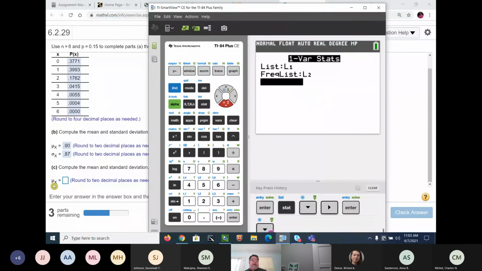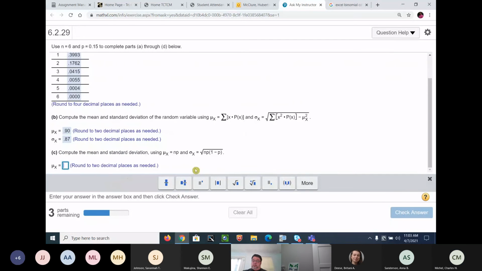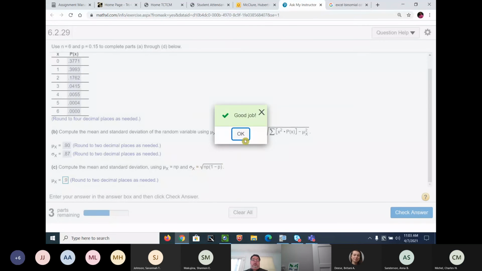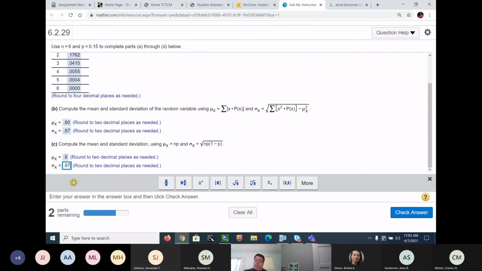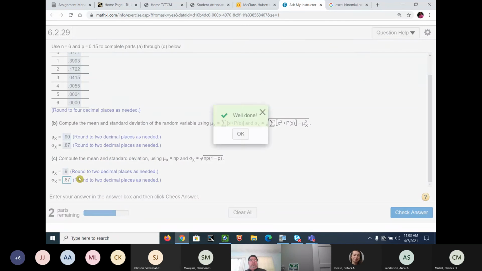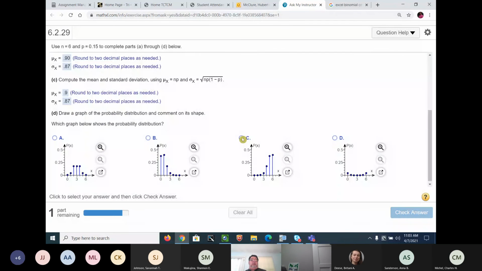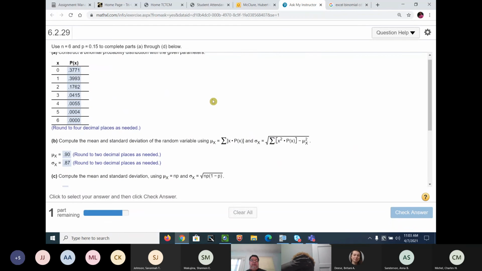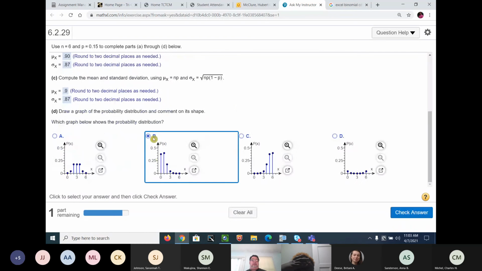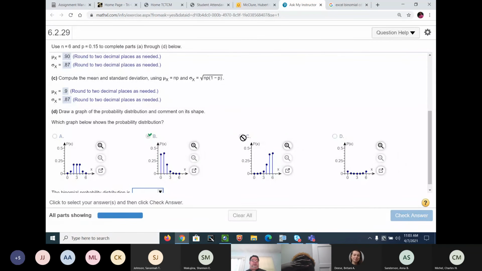All right, so that's going to be 0.9. And it says round to 2 decimal places, 0.87. And what does it look like as far as skewed right? Because you got all your data to the left. So I would say B. And that is a good question.